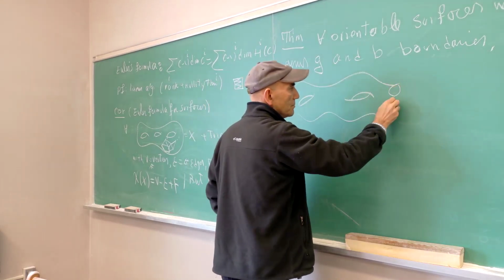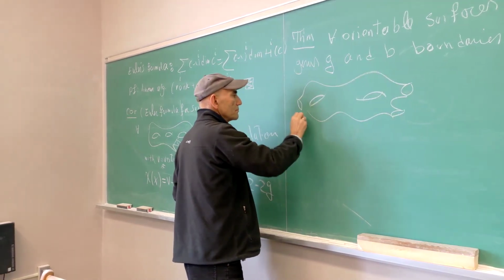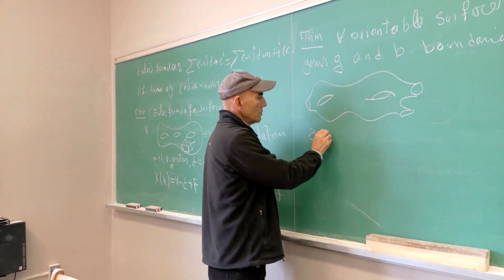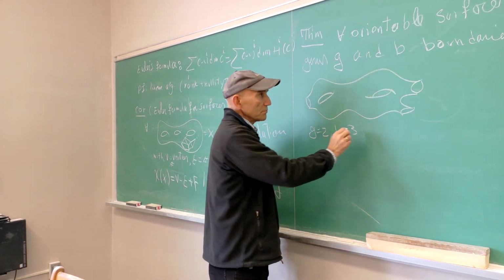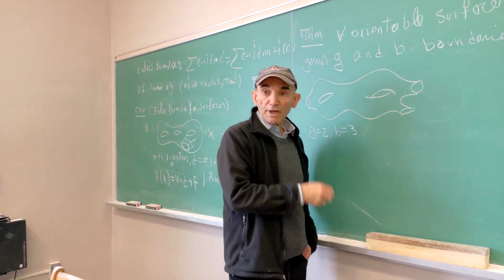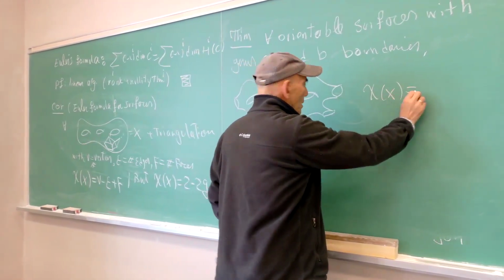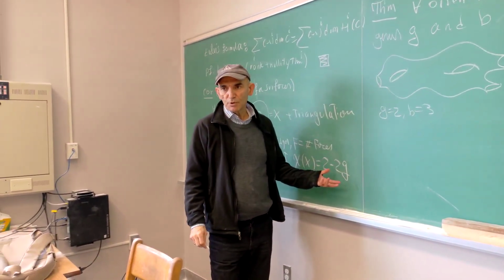Here g is equal to 2 and b is equal to 3. The Euler characteristic is given by a formula that generalizes this one, and I need that formula later on.